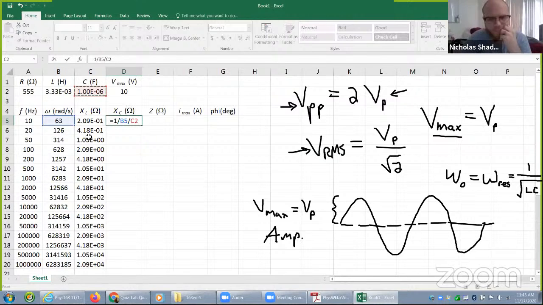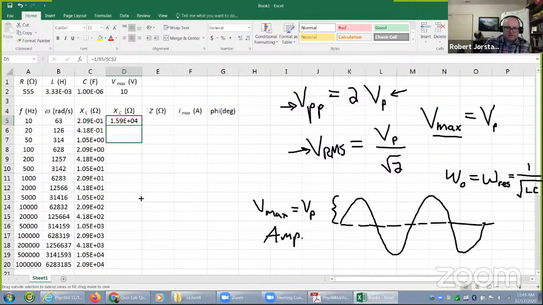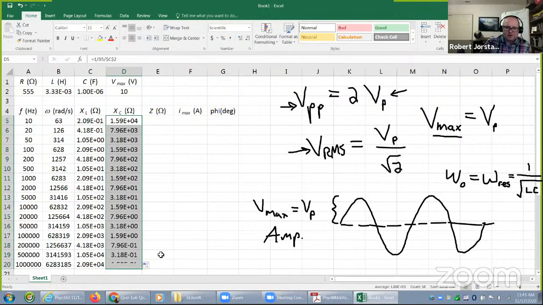F4. Exactly. And look at the values. Does this make sense with what we were just talking about? At low frequencies, these are tiny numbers, small powers of 10. At low frequencies, the capacitor has large powers of 10. The opposite is true down here.